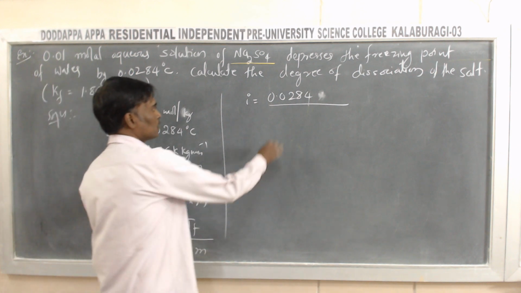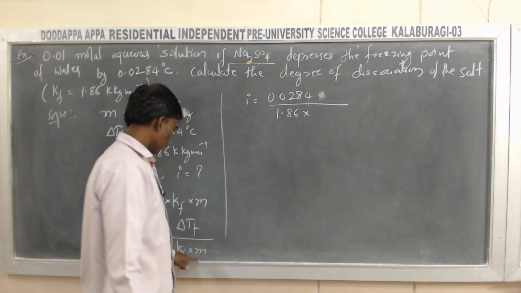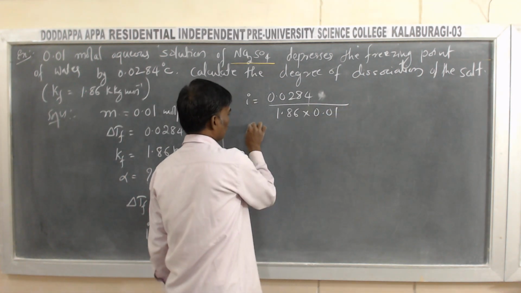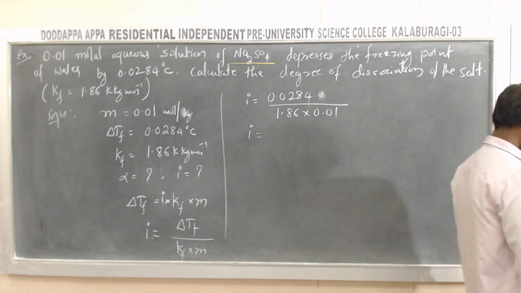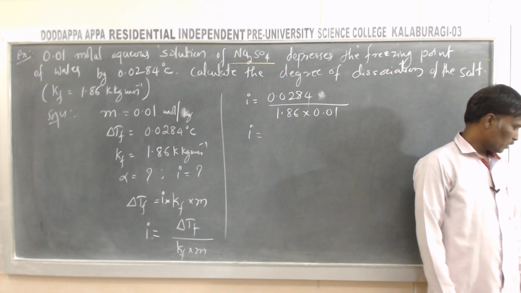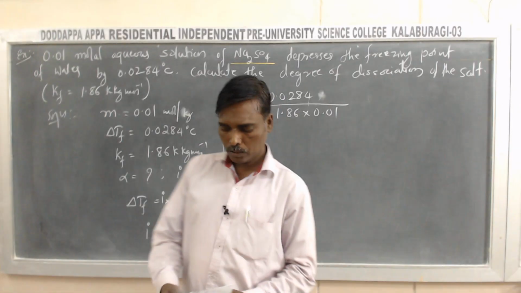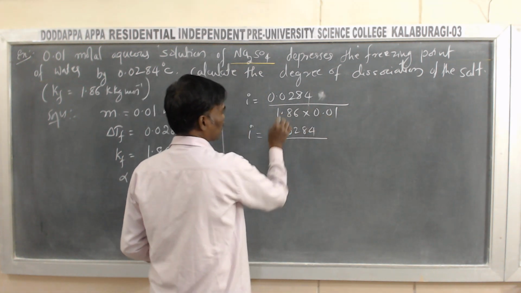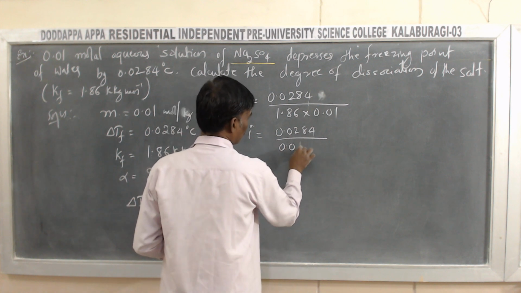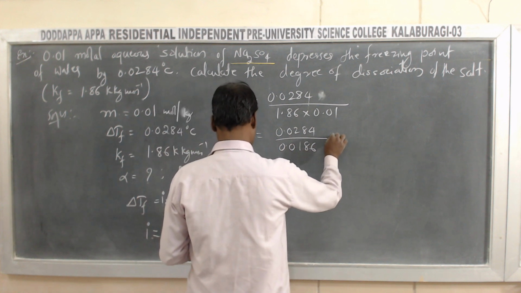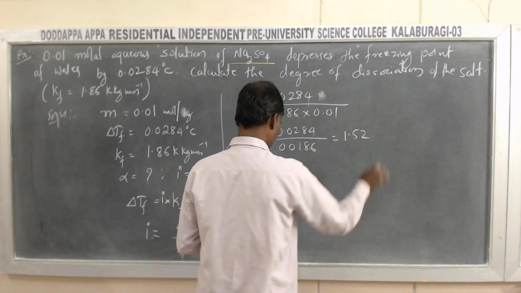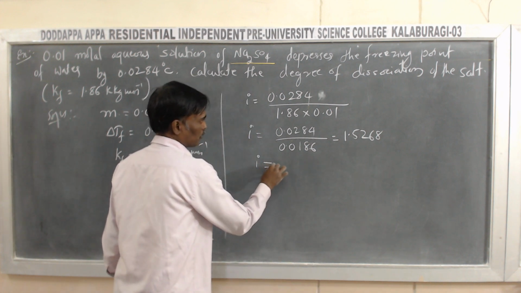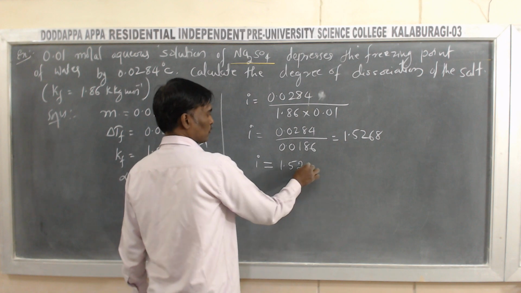Kf is 1.86 and molality small m is 0.01. Multiplying these two, you get 0.0186. Dividing 0.0284 by this, it is 1.5268, or let me take this value as approximately 1.52 or 1.53.